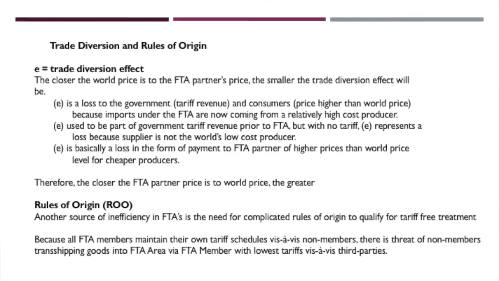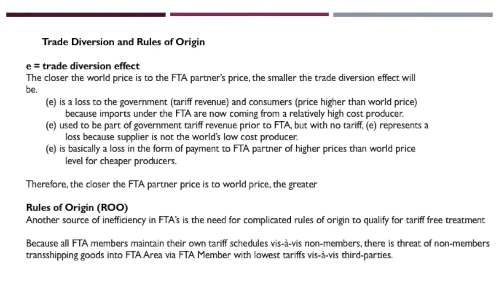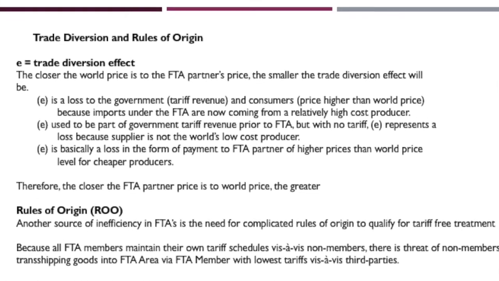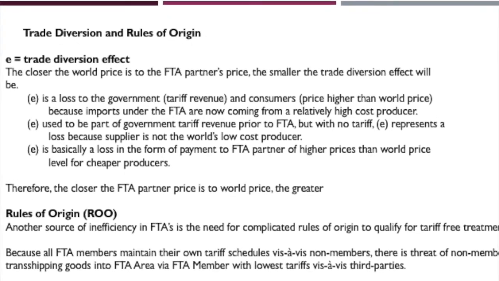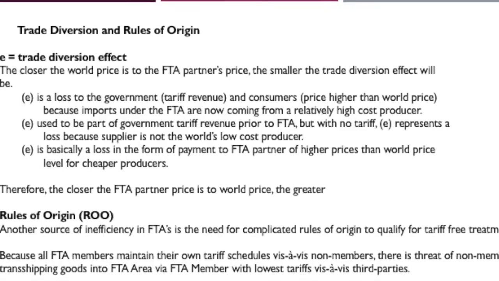In order to qualify for tariff-free treatment for something produced in Canada and shipped to Mexico, you have to produce a lot of these rules of origin. They're complicated, basically assertions that the good was produced with components all made in Canada, manufactured with Canadian labor, so that it can qualify for tariff-free treatment when it crosses the border into the United States and Mexico.